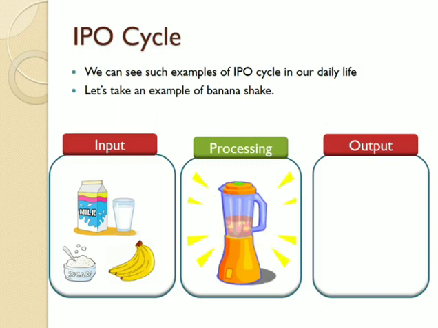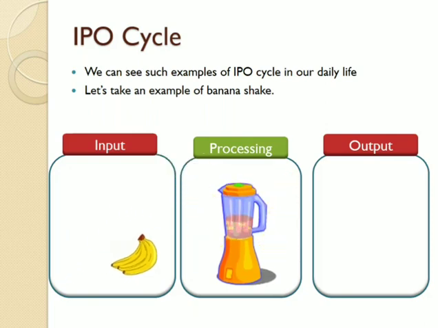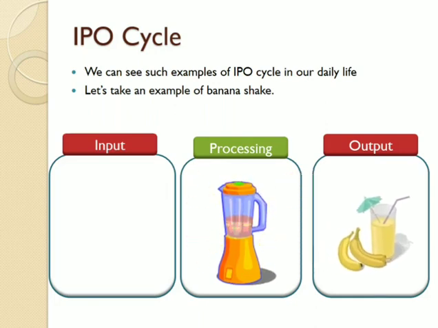We take milk, sugar and bananas, then put them in a mixer. The mixer mixes all these things and gives us a banana shake. That is an example of the IPO cycle.